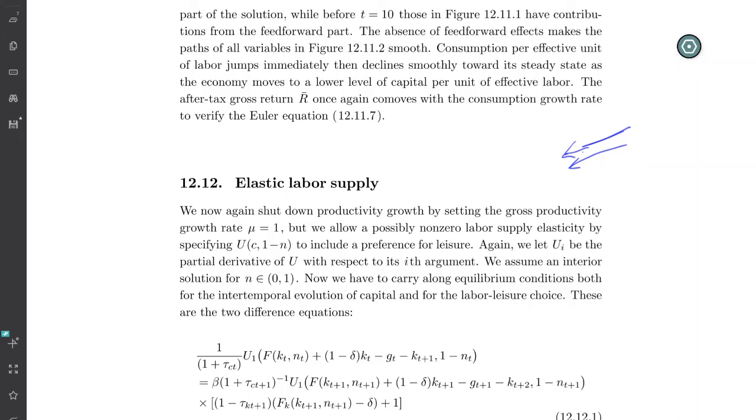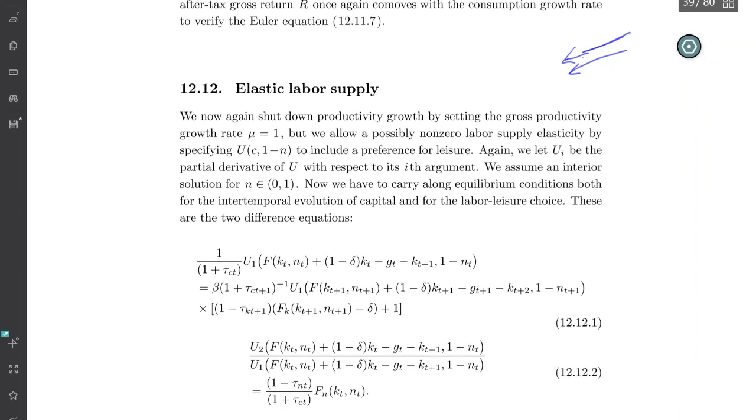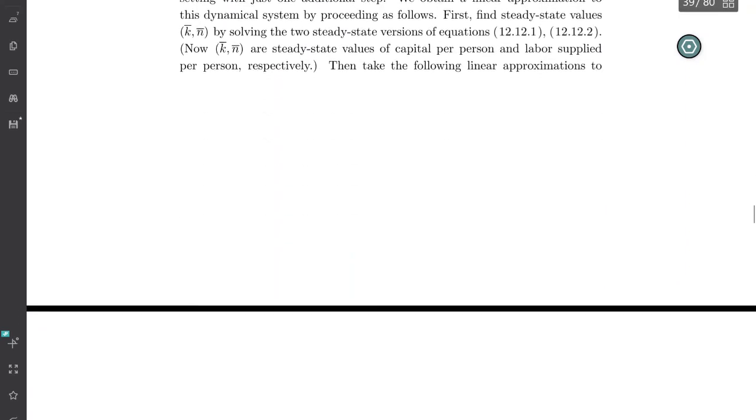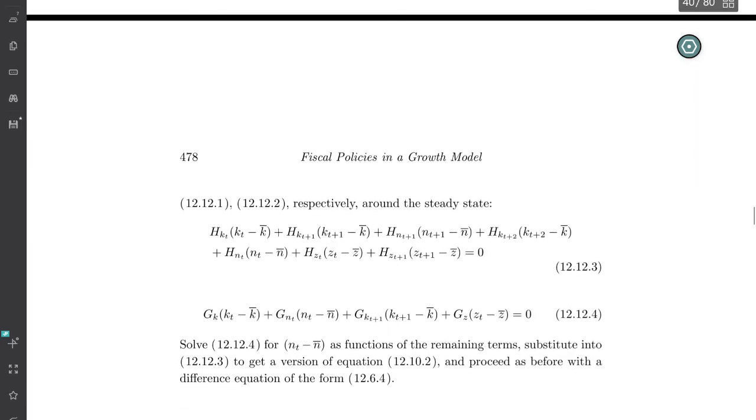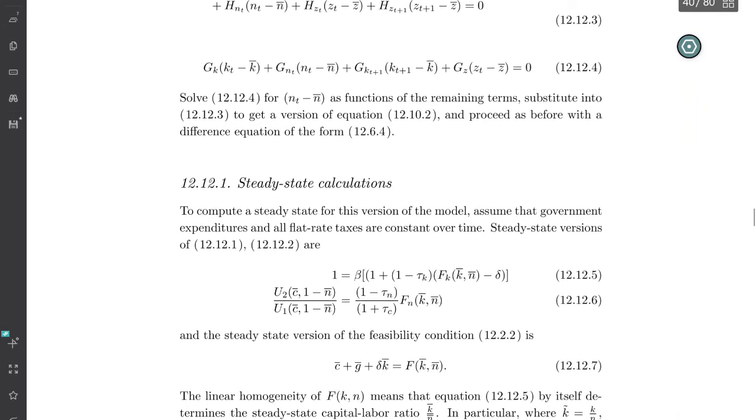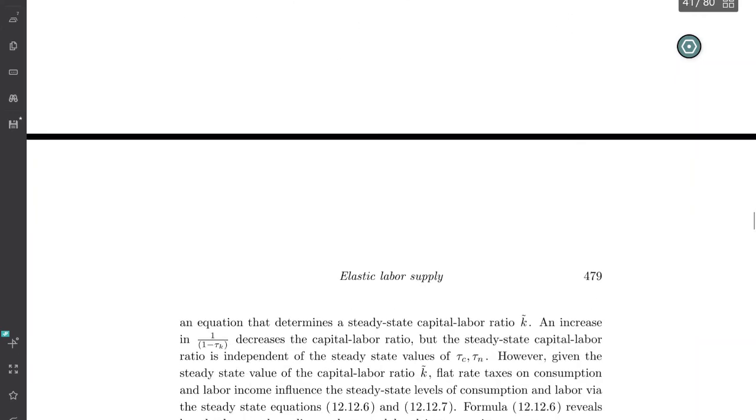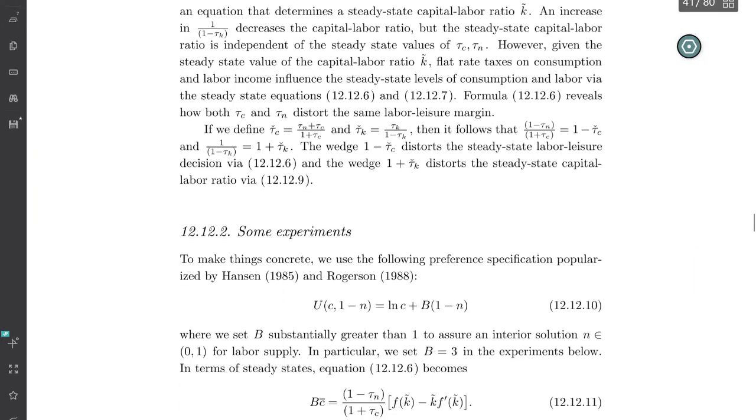And he uses a simple version of this model, in a very special way. He just uses the model that we talked about now, but he adds a preference for leisure, and we can replicate our steps to steady state calculations, and we'll do some experiments.